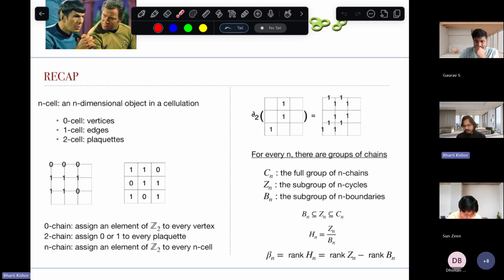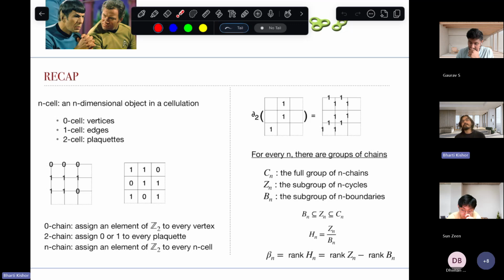And then we had this relation between these three groups, Cn, Zn, and Bn. We said that not all chains are cycles, but all cycles are chains.